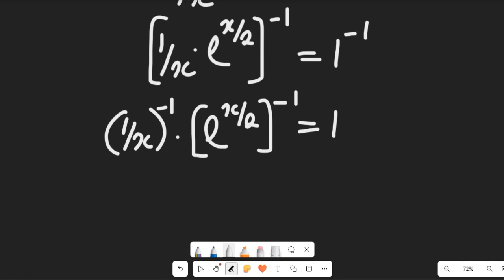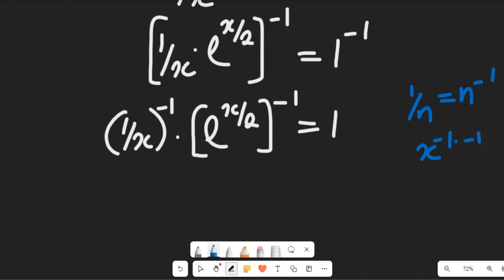Now recall that if you have 1 divided by n, it can simply be equal to n to the power of negative 1. So if 1 divided by x gives me x to the power of negative 1, negative 1 multiplying negative what? 1.